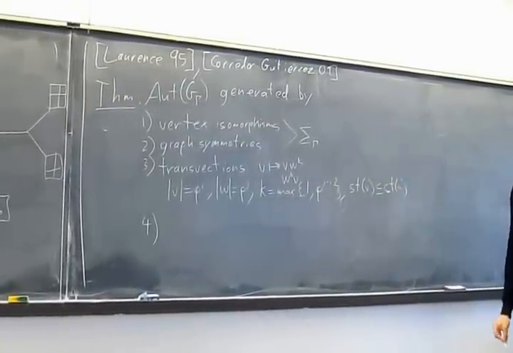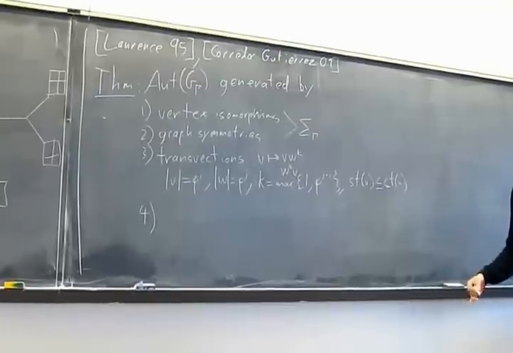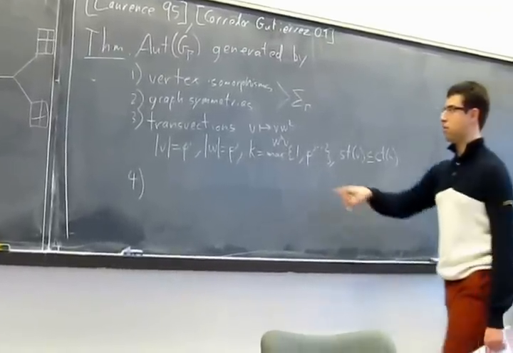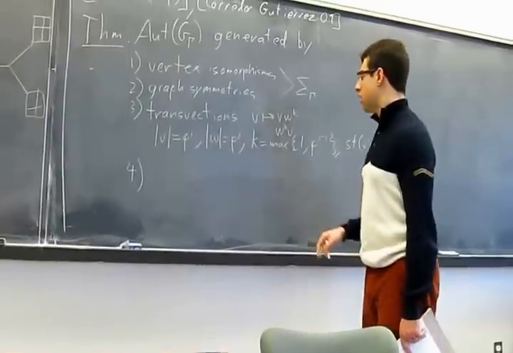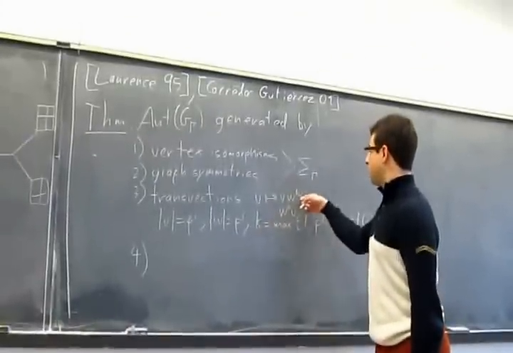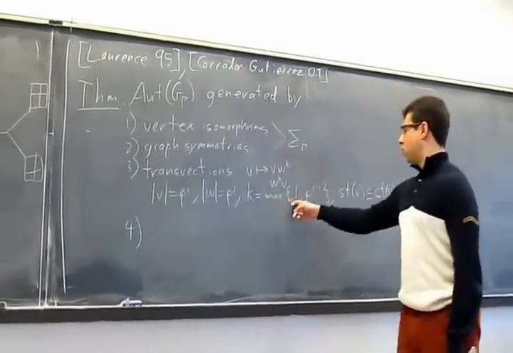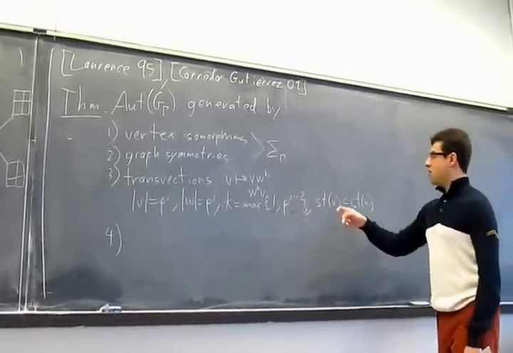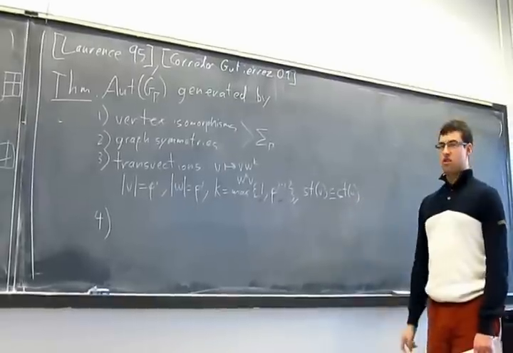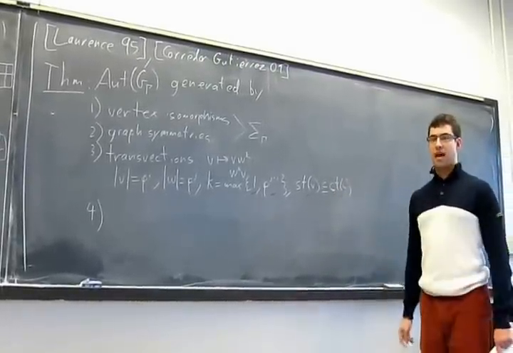Okay, so we have a transvection that's permissible between 2 vertices if they're both of prime power order for the same prime, our k is just going to be either 1 or the smallest common power, and the star of V is contained in the star of W in our defining graph gamma.